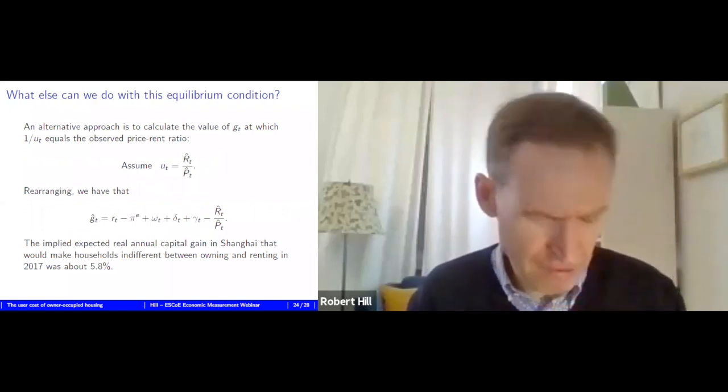But the final comment on this is that there is an alternative way of using this equilibrium price rent ratio approach, where you maybe do get some useful result out. Suppose you assume that the housing market is in equilibrium, so the cost of owner occupying equals the cost of renting. In that case, we say that U equals the actual rent divided by actual prices.